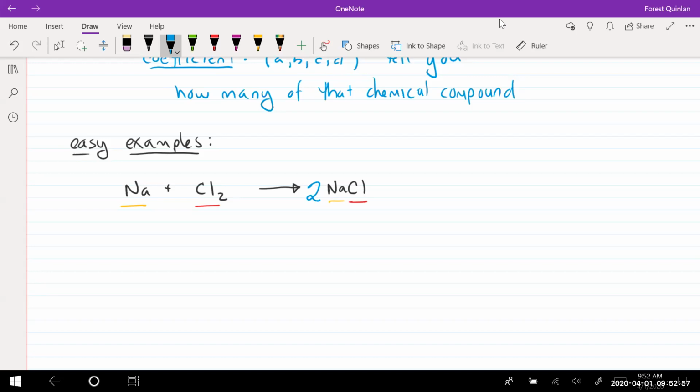And so that 2 is distributed across, telling me I now have 2 sodiums and 2 chlorines on the right-hand side. That means I needed to come back and put 2 sodiums on the left. So it really wasn't 1 sodium and 1 chlorine coming together, but now 2 sodiums and 1 chlorine molecule making 2 sodium chloride compounds.